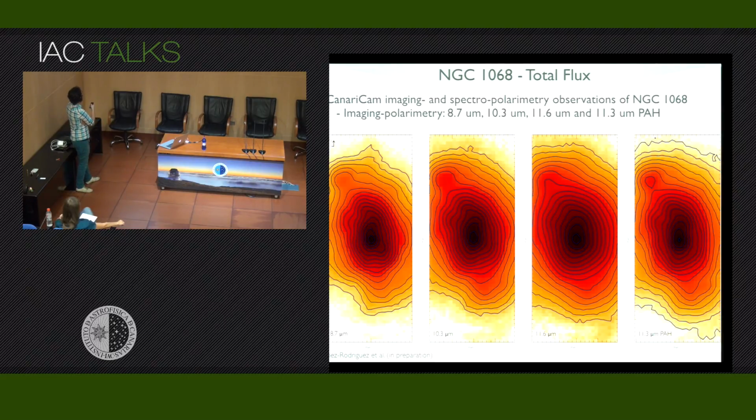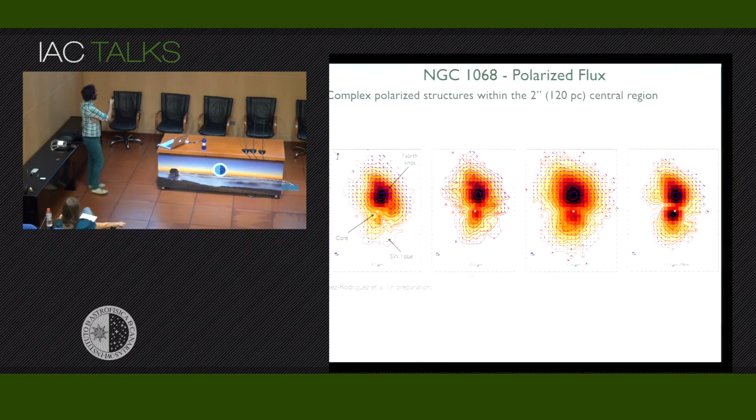And what I show here is the 4 arc-second central region of 1068, and you see a variety of huge structures in the central region, and also in the PAH, which is good to trace star formation regions in AGN.